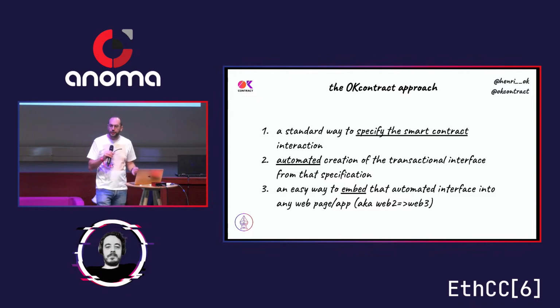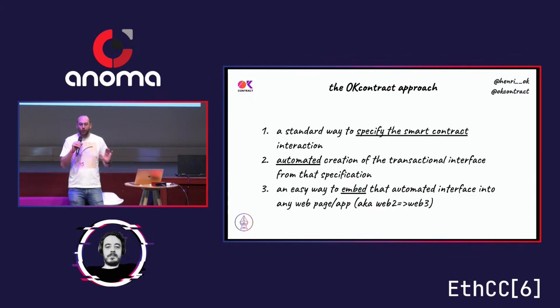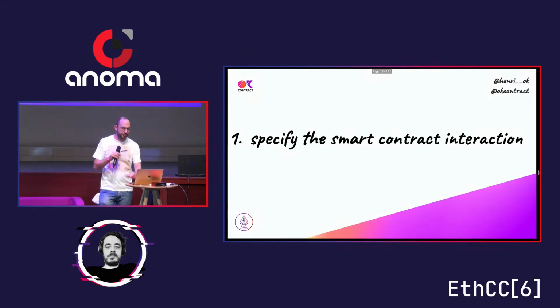And then third, an easy way to embed that automated interface into any web page and web app. And this is the famed, I would say, Web 2 to Web 3 that we speak a lot about in the community, because this is how we'll bring many more users to everything we build.